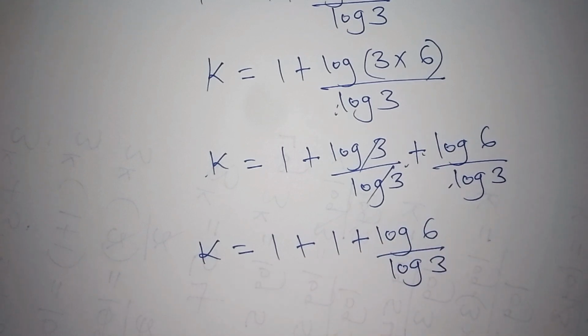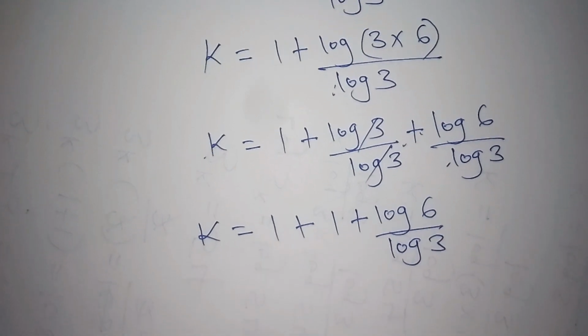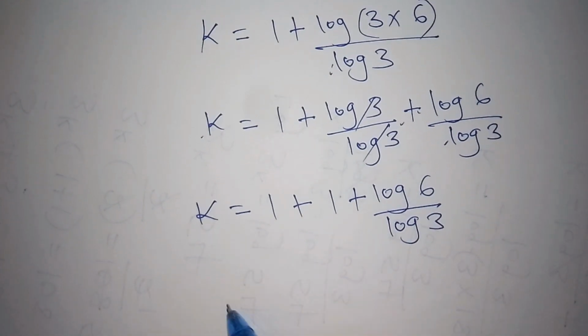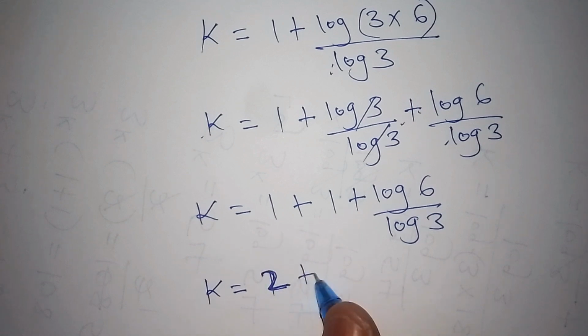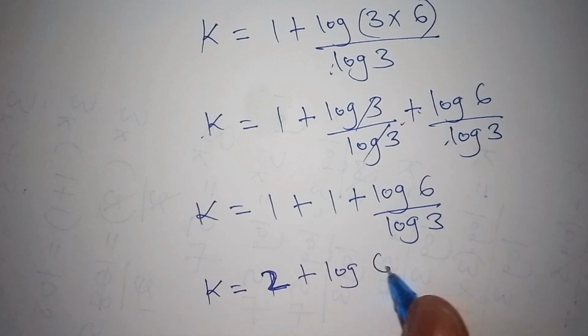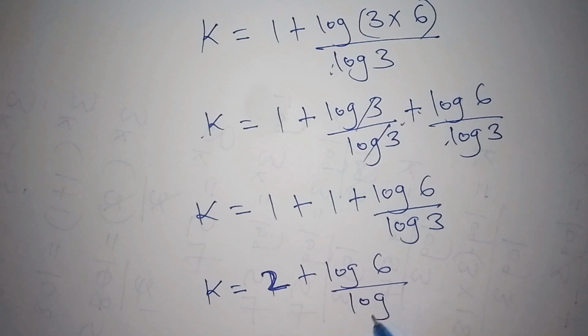We can still proceed and say that k is equal to 1 plus 1, which is 2, plus the log of 6 all over the log of 3.